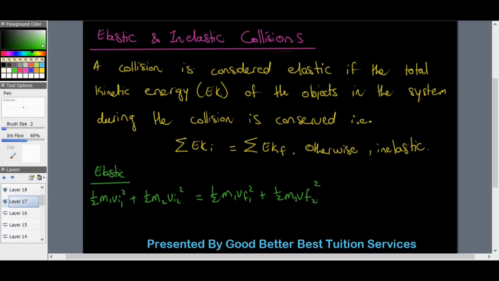And if those two are equal, then we have an elastic collision. And of course, if it is not equal, then it is inelastic. How the formula would look is just put a line down here and a line underneath here: total EKI will not equal total EKF. And that's the simplicity of it.